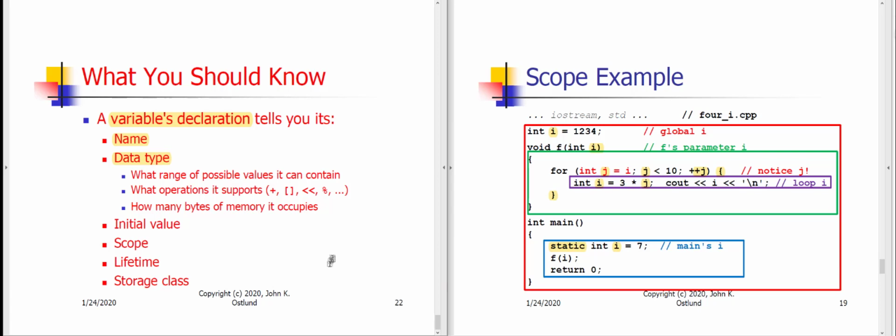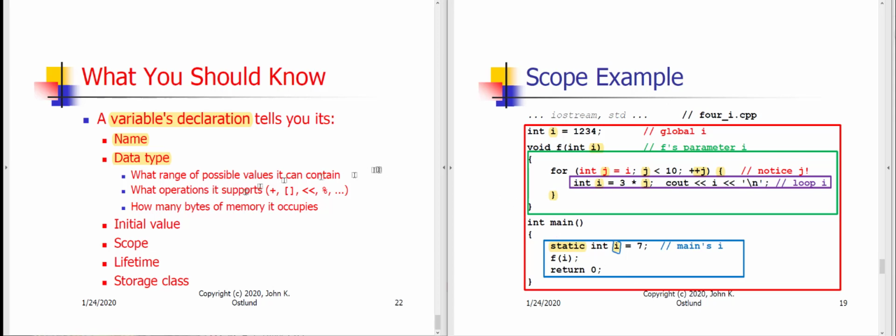Now, the data type tells you what range of possible values could possibly fit within there. So for this variable I, because it's an int, I know that it can contain a range of values on my machine roughly between plus and minus 2 billion.